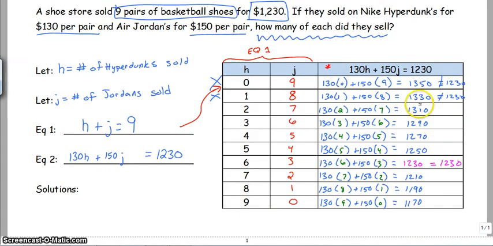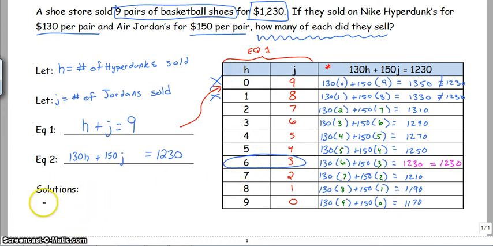So, you should have made all of your calculations by now, and as we go through and we look, there is only one ordered pair that works to solve both equation 1 and equation 2, and that's this ordered pair here, 6, 3. The last step then would be to write our sentence as our solution.